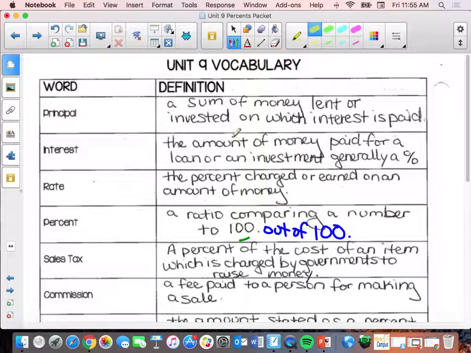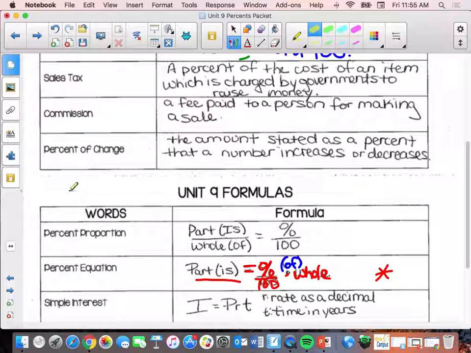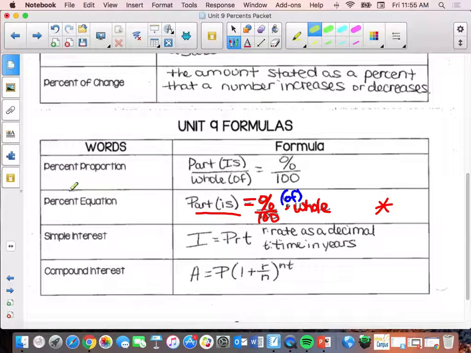The interest is the amount of money that's paid on top of that principal. So it's generally a percentage, and that percentage rate is what is charged or earned on that amount of money. And it's changed drastically over the years. Now it's really a small percent if you're putting money into the bank, but it's a larger percent if you're borrowing money.